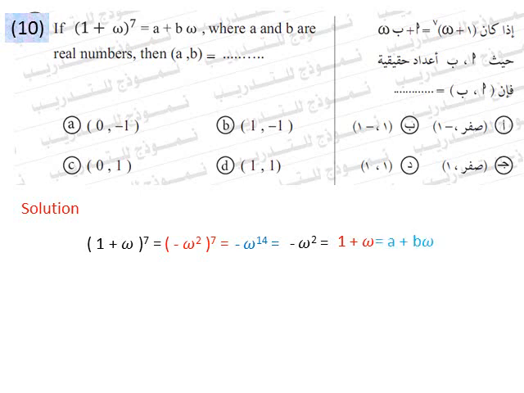Then we can get A equals 1 and B equals 1. Then we can choose 1 and 1.